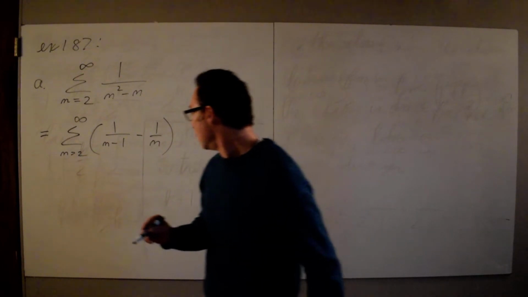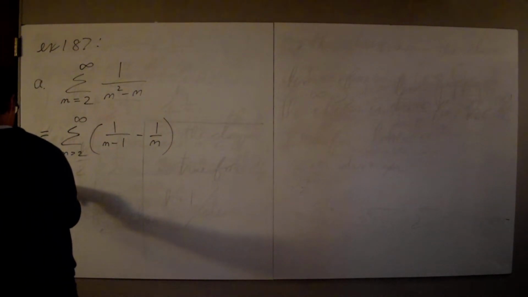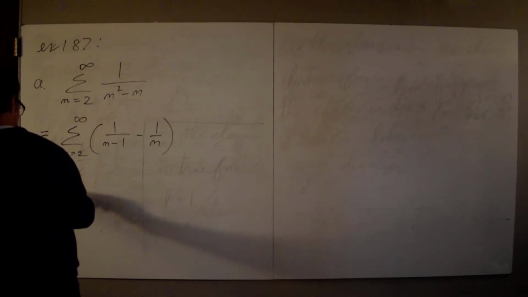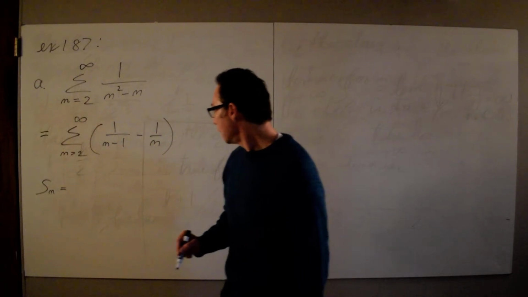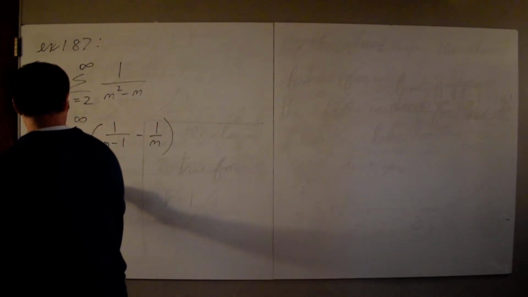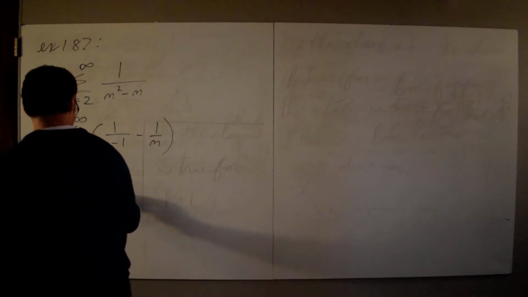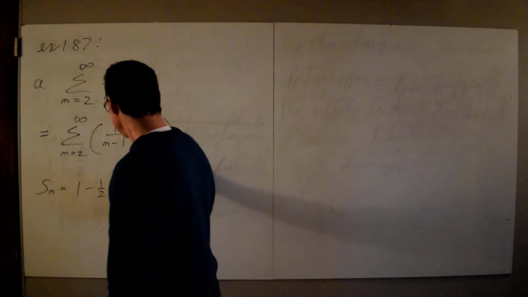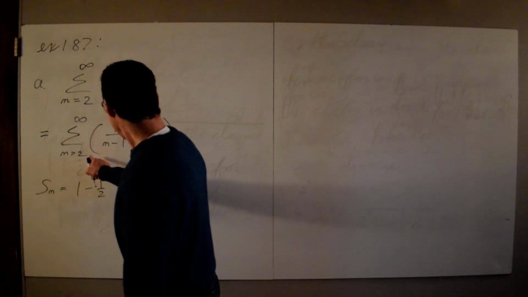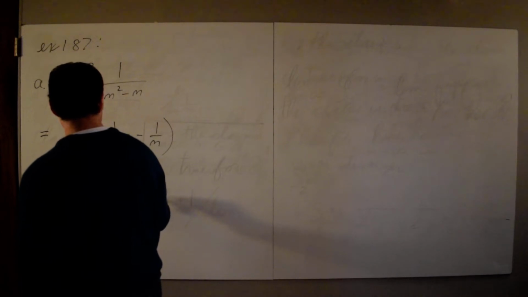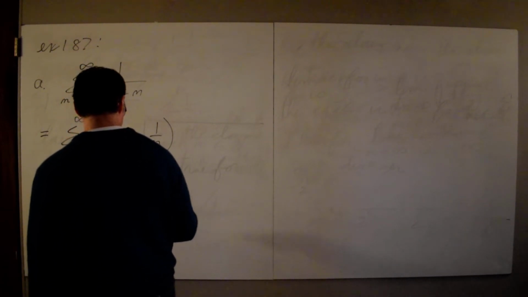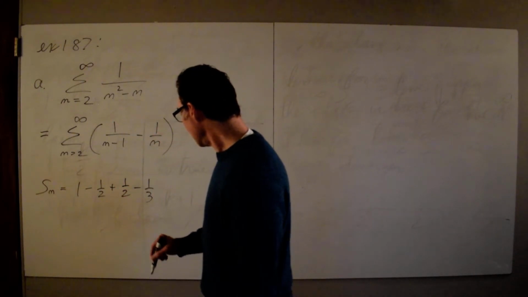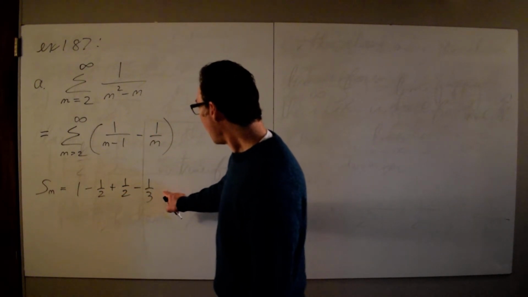Now, if you let s sub n be the nth partial sum, what is that? So n starts at 2. So we have 1 minus 1/2. What about when n is 3? Then we have plus 1/2 minus 1/3. And what about when n is 4?